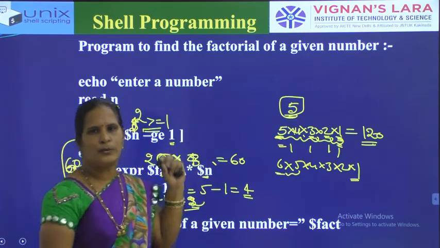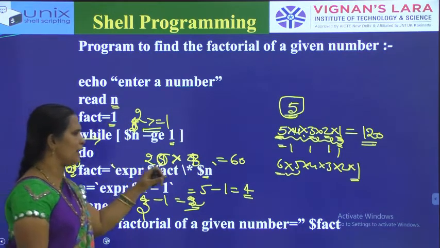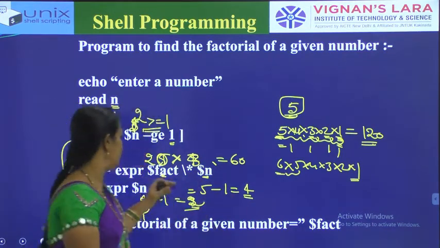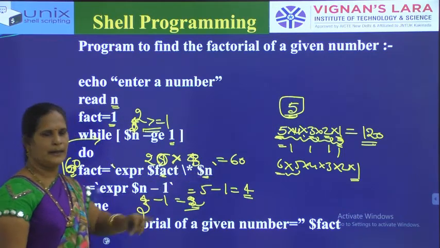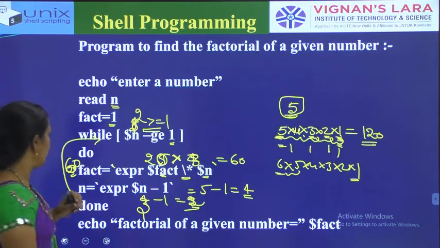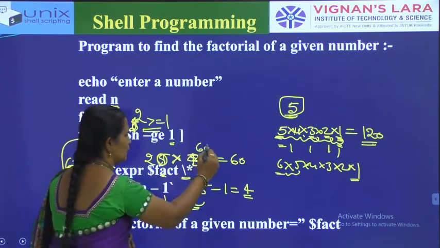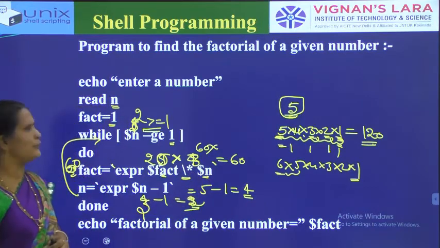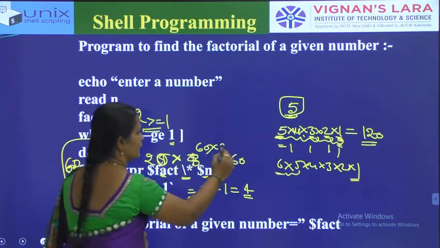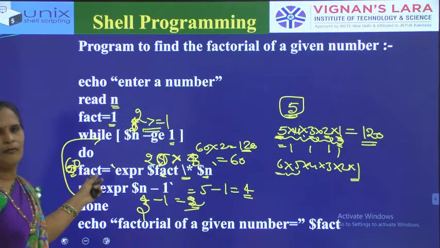The condition returns a true value. Then fact is equal to expr space $fact into $n. For multiplication, use slash star. Remember this point. So the fact value is 60, and 60 into the new value of n, which is 2, is 120. This 120 is stored in the variable fact.